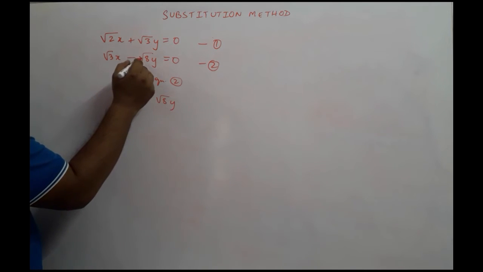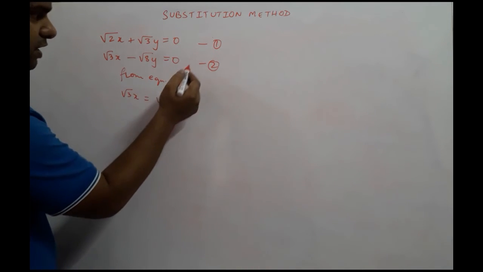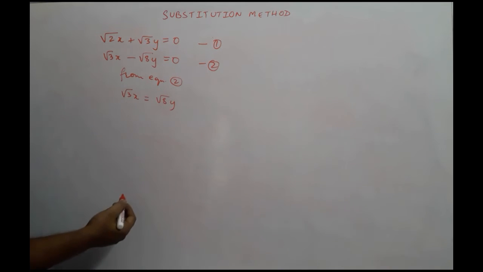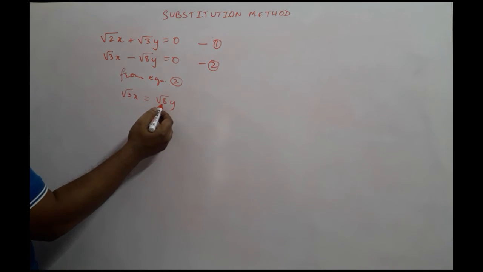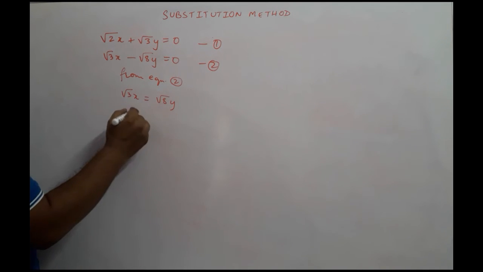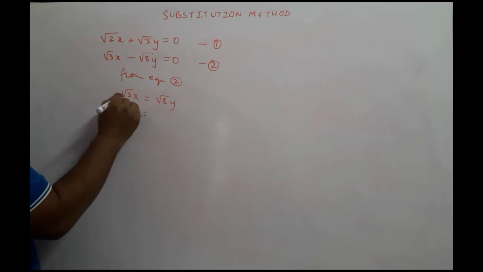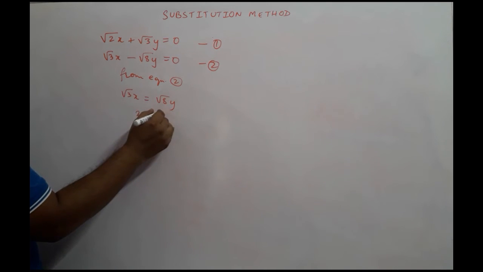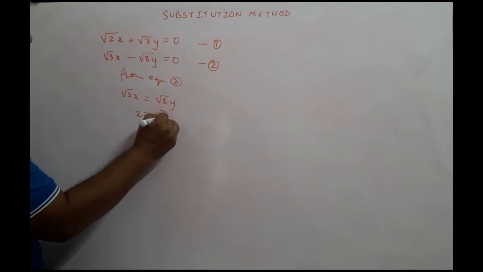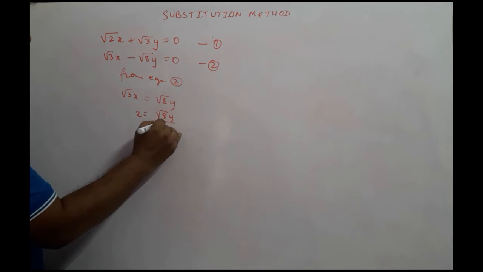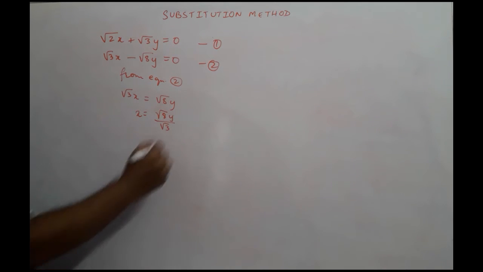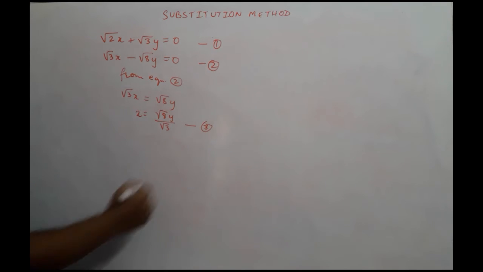I took minus root 8y on the other side, that is the right hand side, and the sign became positive. Now I can keep x over here and, since root 3 was multiplied with x, I'll take it down over here. It will become division, root 8y upon root 3. So that becomes our equation 3.